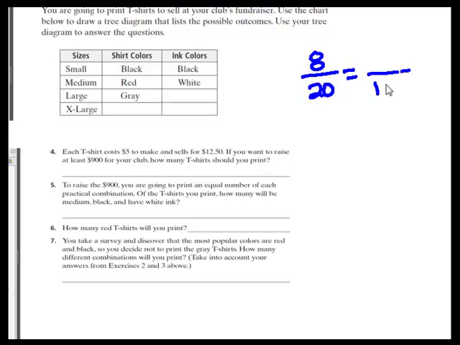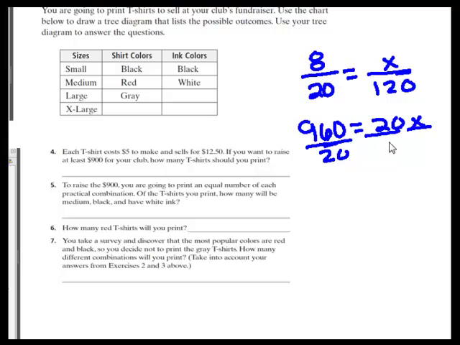Again, we're trying to solve this for 120 shirts that we're going to make. When we cross multiply this, we end up getting 960 equals 20x. And again, we have to divide by 20 to solve for x. We figure out that we need a total of 48 red shirts. So you'd be creating 48 red shirts.